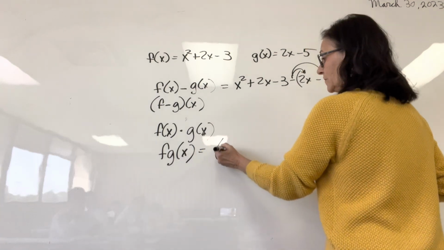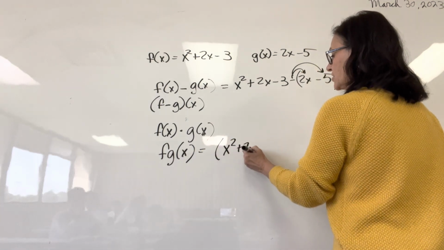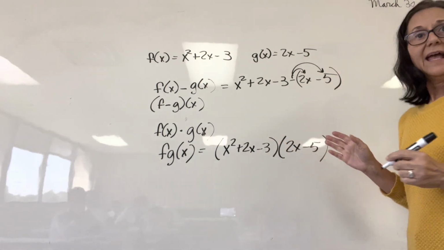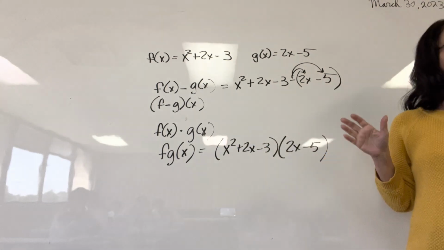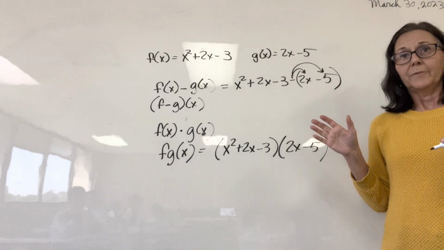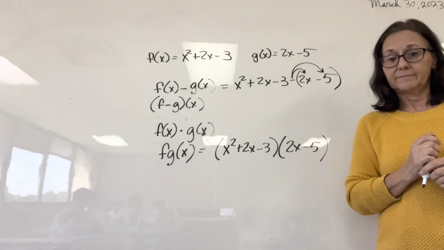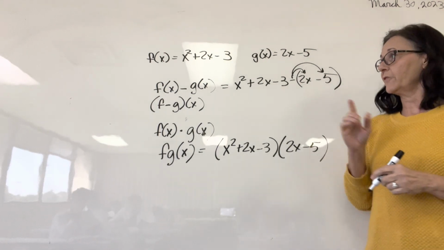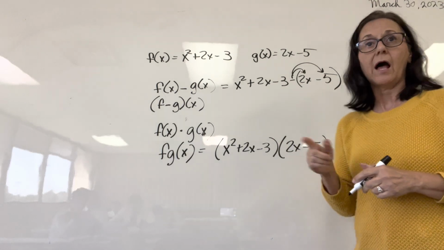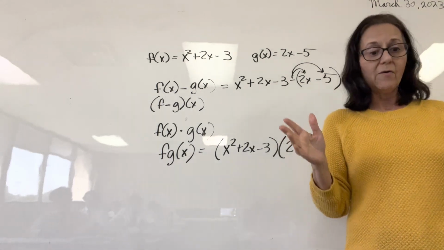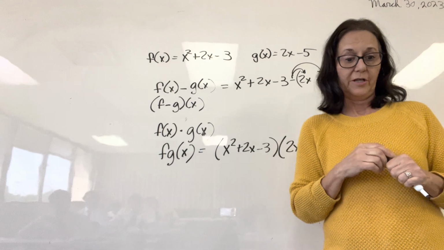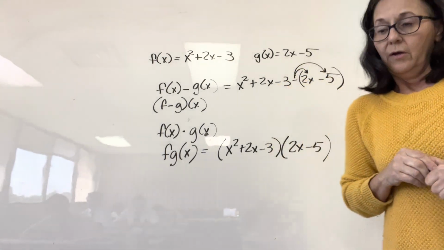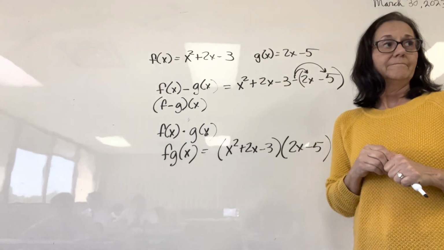It would be x squared plus 2x minus 3 times 2x minus 5. And it's distribution of all those terms through multiplication, and then you're combining your like terms. Does that make sense? So we're either adding, subtracting, or multiplying functions, but they're now in function notation. All right? You got it?